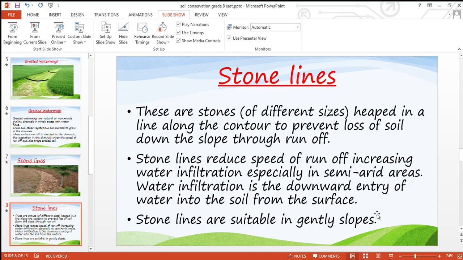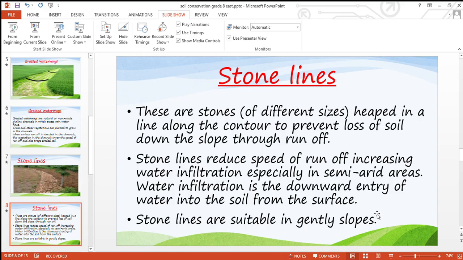Now, I want to look at the explanation of stone line. We say that these are stones of different sizes. That means you will find big stones and small stones heaped in a line along the contour to prevent loss of soil down the slope through the runoff. Of course, it is surface runoff. Are we together? So the small and big stones are heaped together along the contour.